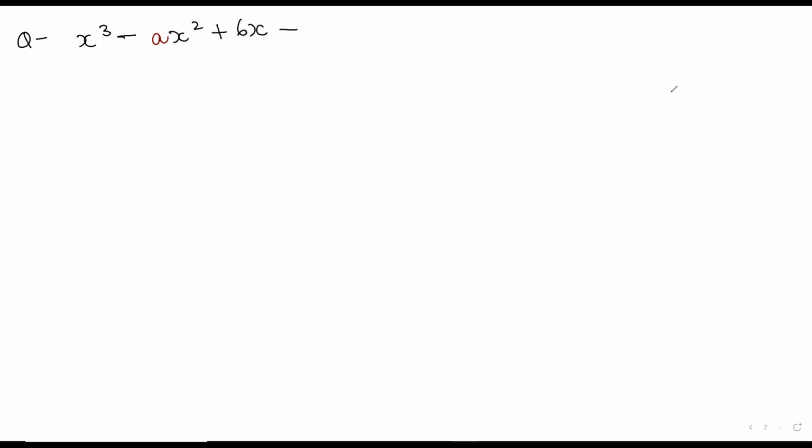And you have to find out the remainder when this is divided by x minus a. So can anyone tell me how to approach? You have to find out the remainder. What will be our first step?